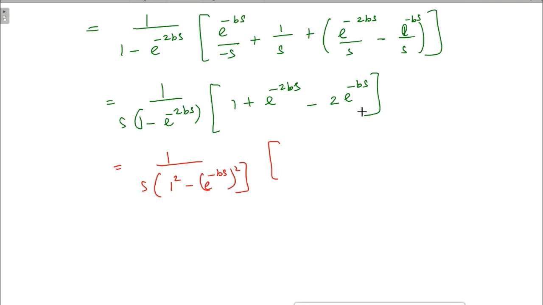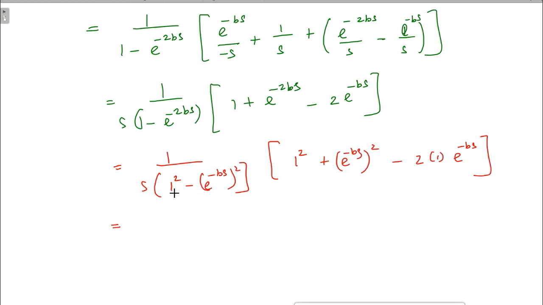The numerator I rewrite as 1 square plus e power minus bs whole square minus 2 into 1 into e power minus bs. So this expression is in the form of a minus b whole square, so here you can apply that formula.